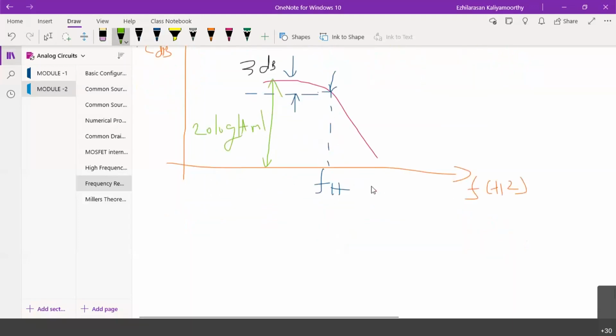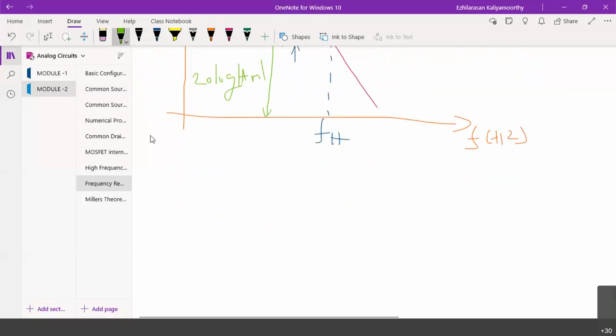So from this, what we can summarize? The first point is, the larger the R sig, the lower the FH.